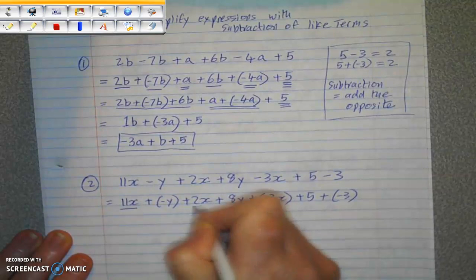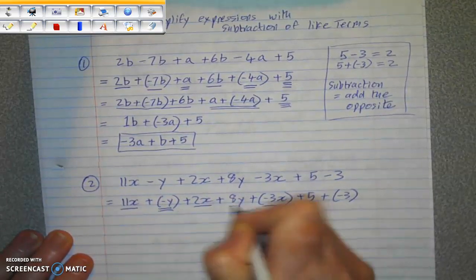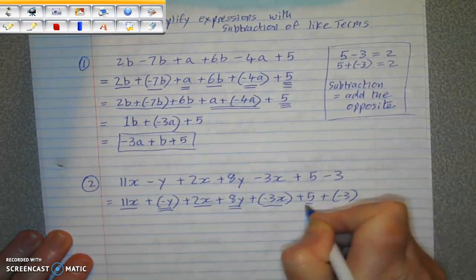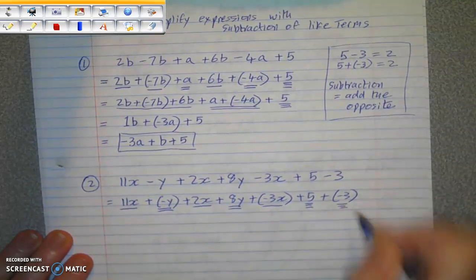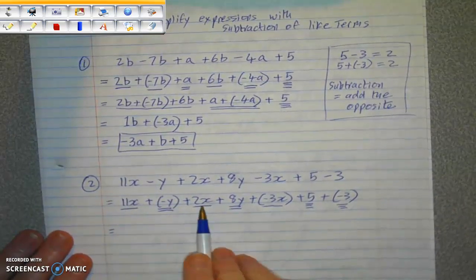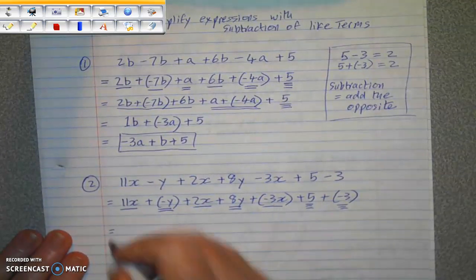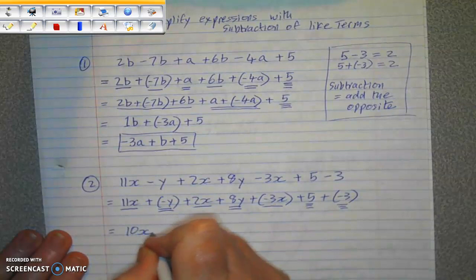X terms get 1 underline. Y terms get 2 underlines. Constant terms get 3 underlines. So I have 11x plus 2x. So 11x plus 2x is 13x. Plus negative 3x gives me 10x.